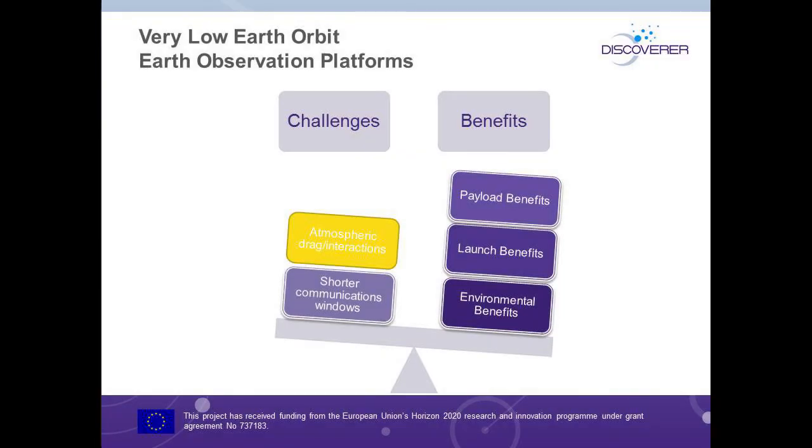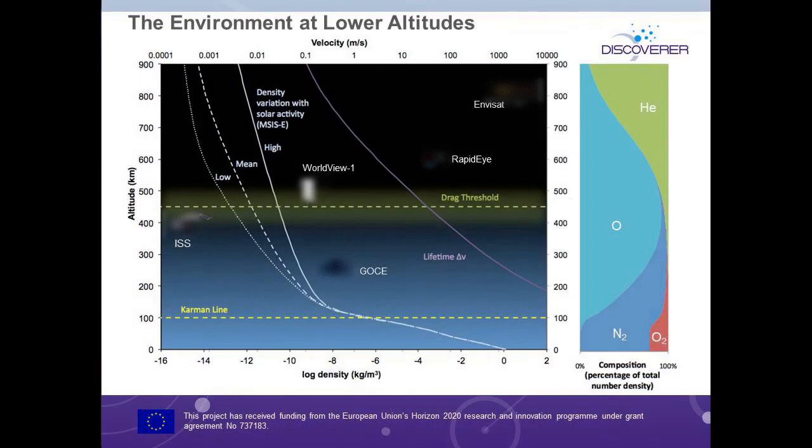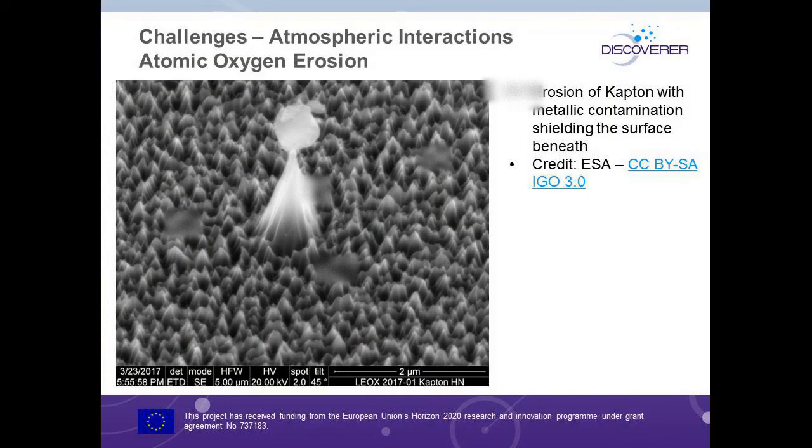Moving on to the atmospheric drag and atmospheric interactions side of things. I've shown you this figure, so put it back into your mind. This is the environment we're operating in, largely atomic oxygen, with increasing density as we get to lower altitudes. First of all, it's worth talking about atomic oxygen erosion. Some of you will be aware of the European new atomic oxygen erosion facility.